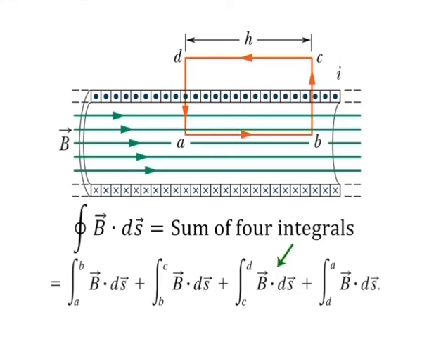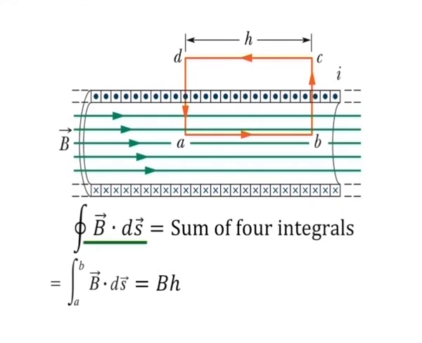The third integral, which is taken along a segment that lies outside the solenoid, is 0 because B is equal to 0 at all external points. Thus, the cyclic integral of B dot ds is equal to Bh for the entire rectangular loop. The net current encircled by the rectangular Amperian loop is not the same as the current I in the solenoid windings because the windings pass more than once through this loop.